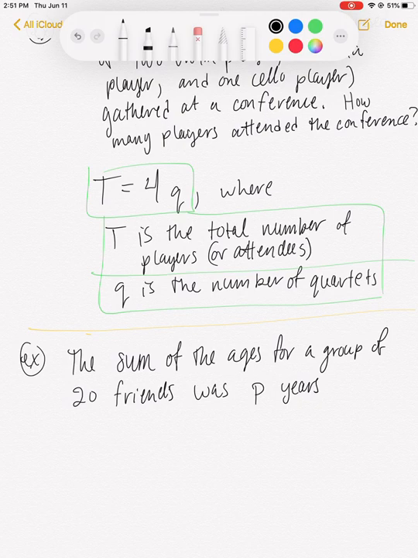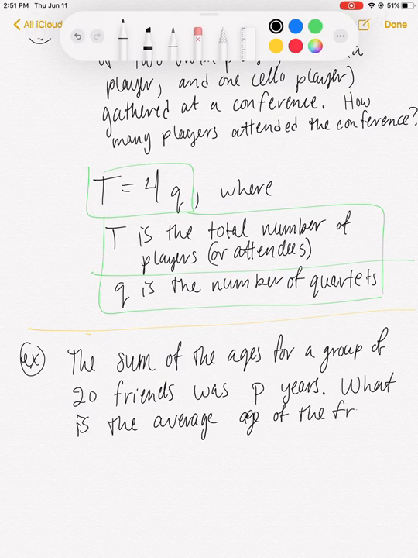So we have P represent that total number of years. What is the average age of the friends? Okay, go ahead and pause the video, see what you can come up with, and then resume it when you're done.